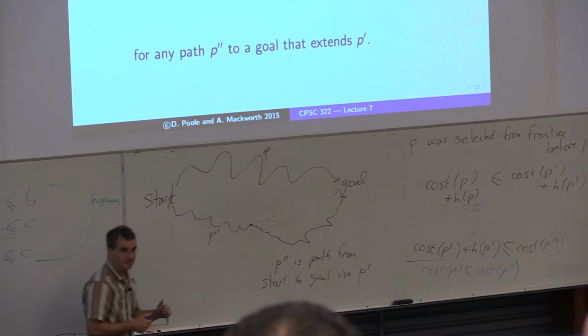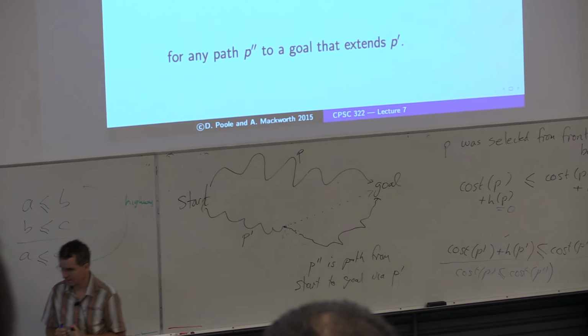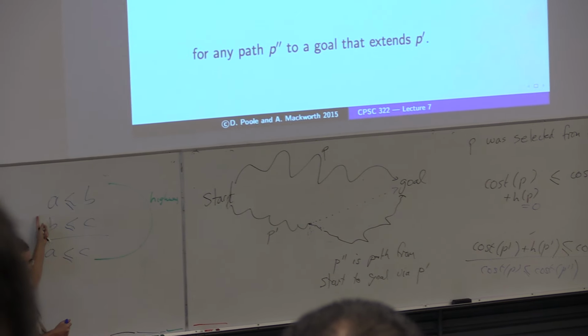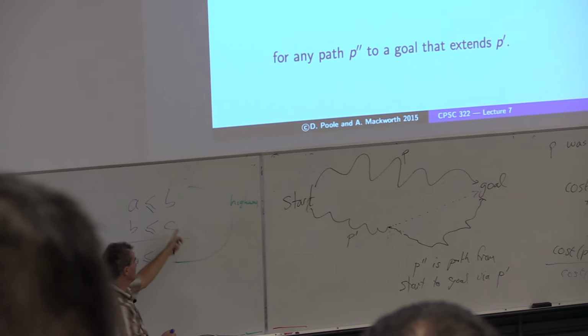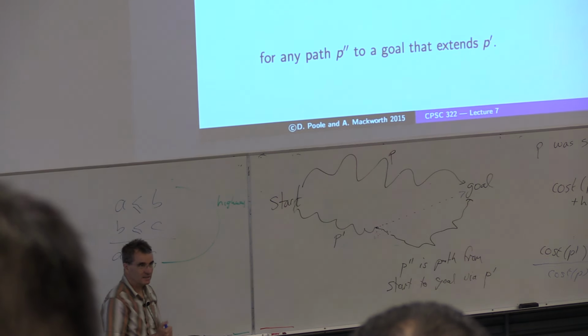Does that make sense? Was it this that was confusing, or the fact you could use other formulas for A, B, and C? Okay. Does that make sense?